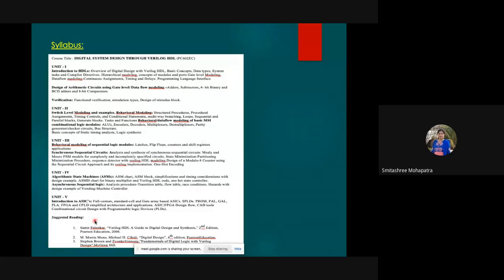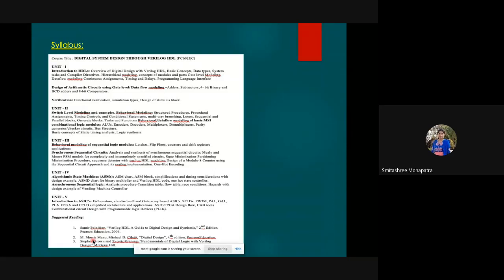Already in the second year, you people know the book by Morris Mano, right? That book gives the digital design. Now here, another book is there by Morris Mano and Michael D. Ciletti. Two authors are there.